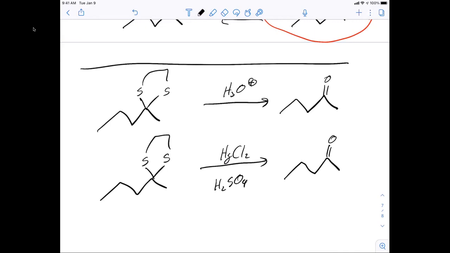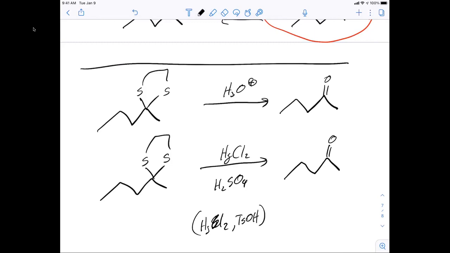So sometimes you don't want to just use straight H3O plus, because it may react with something else in the reaction. So if I was doing it with a double bond somewhere in the reaction, that might end up with an alcohol. So the mercury and sulfuric acid, or mercury and TsOH, can get the same thing, put the mercury on the sulfur and remove it.